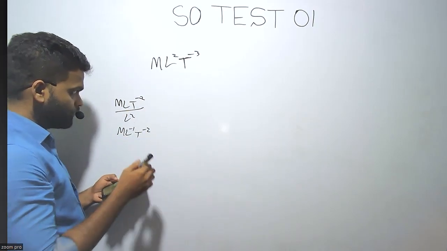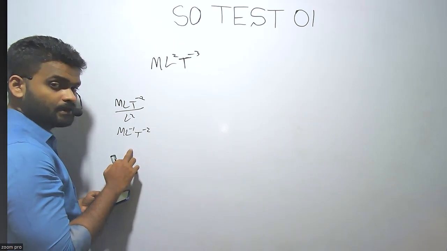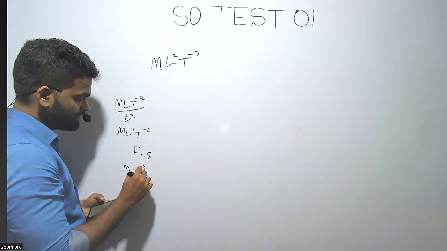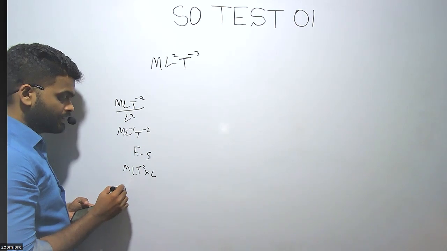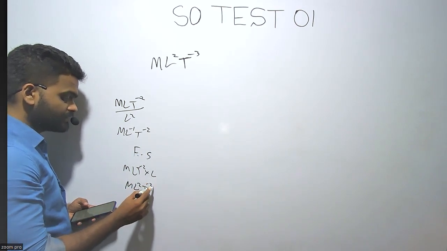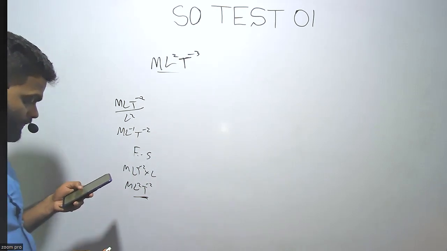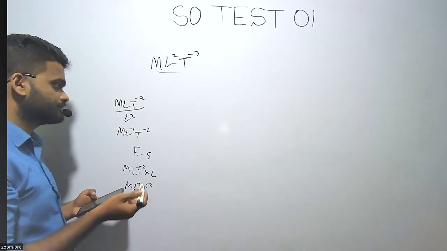Pressure does not have. Work. So what is work? Work is force times distance. So it is M L T^-2 times L, so it is M L^2 T^-2, not the same dimensions. Density obviously does not have, so the answer should be power.